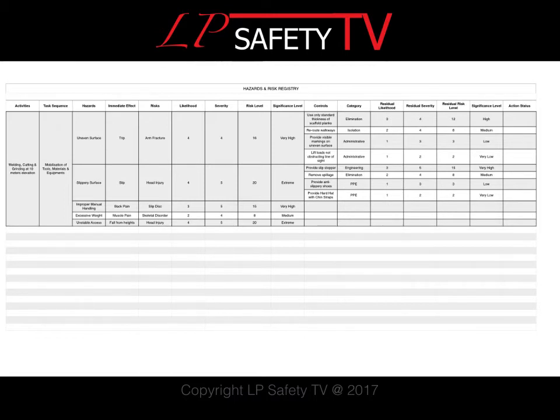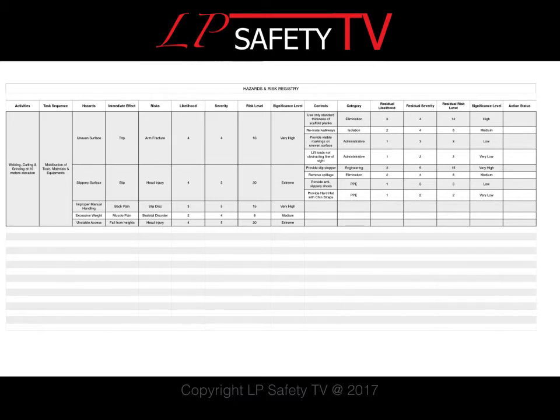So from fatality to what we call first aid or medical treatment whatsoever, it goes down. It attacks the severity. But not all the time PPE is attacking severity. Sometimes PPE is attacking the likelihood. So that is what you're going to remember.